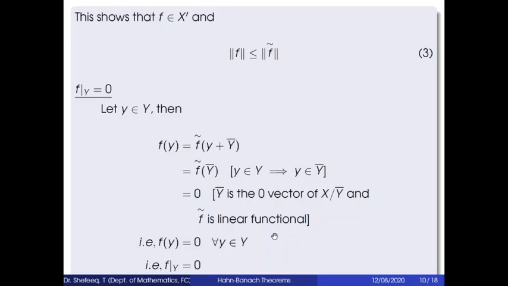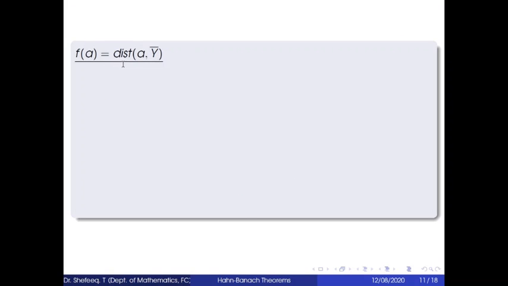Now we show that f of a equal to distance of a from closure of Y. So we have f of a equal to, by definition, f tilde of a plus Y bar. So this is equal to quotient norm of a plus Y bar. This is equation number 1.